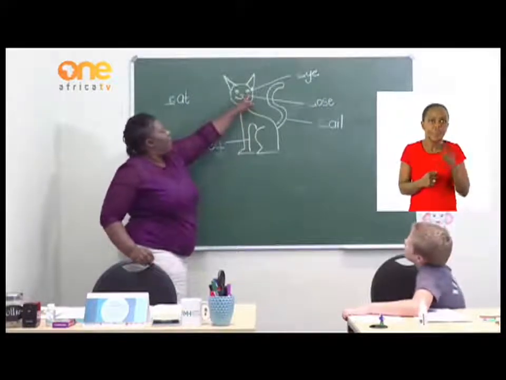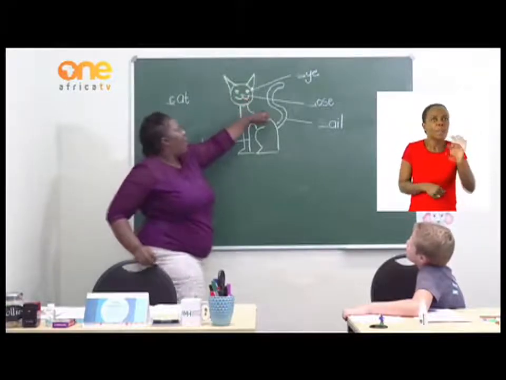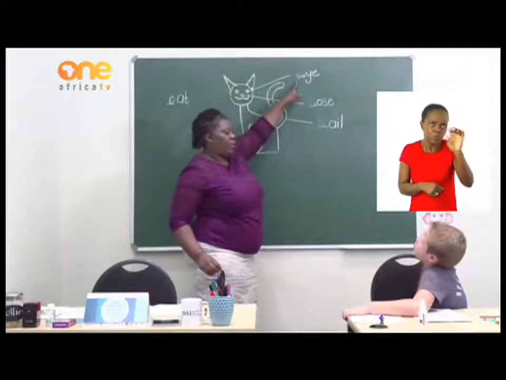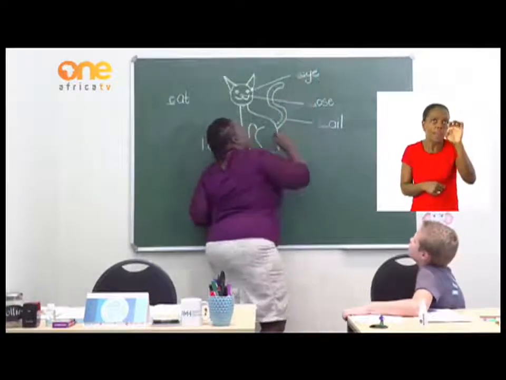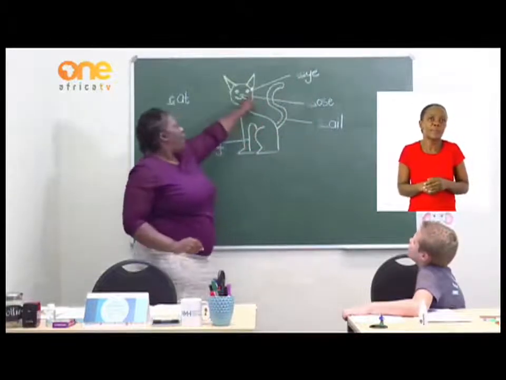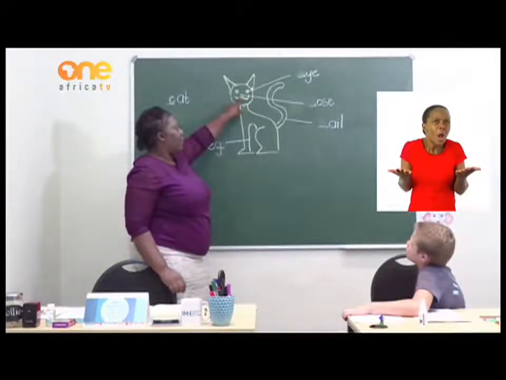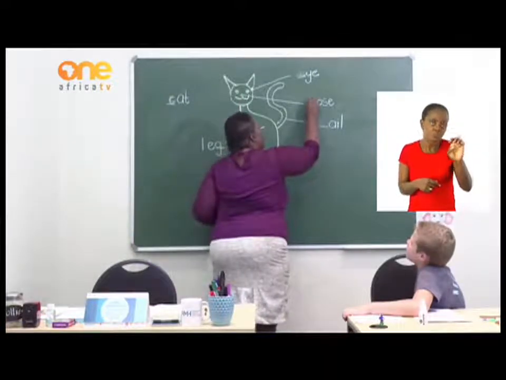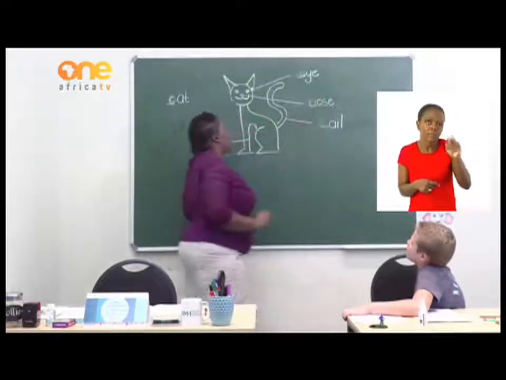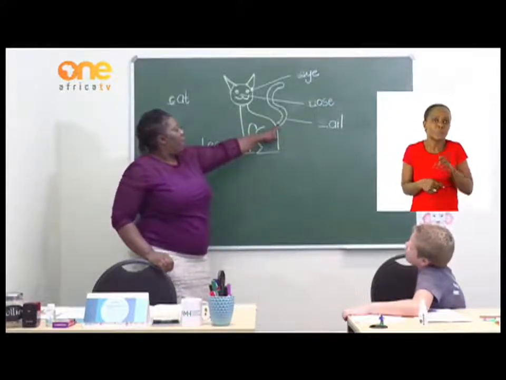Here I've got, what is this? Eye. Yes, it is an I. What am I going to put here? E. E for I. What is this? Nose. Yes, it is a nose. What am I going to write? N. The letter N. We have a long tail.